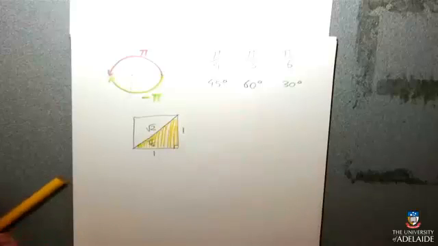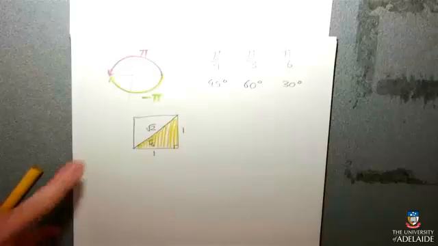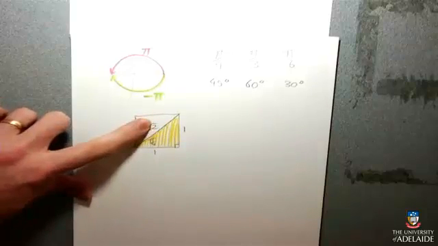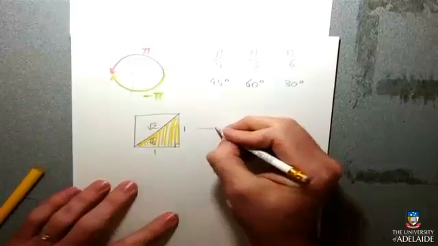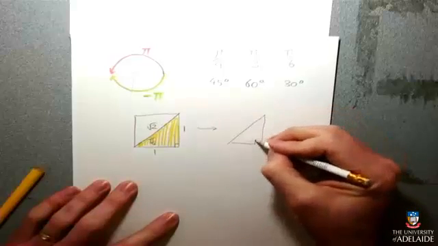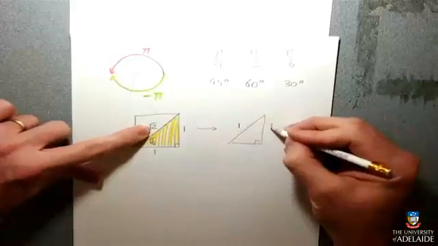And then I can do sine and cosine. So there's two ways of doing it. One is to do this, and divide everything by the root 2.